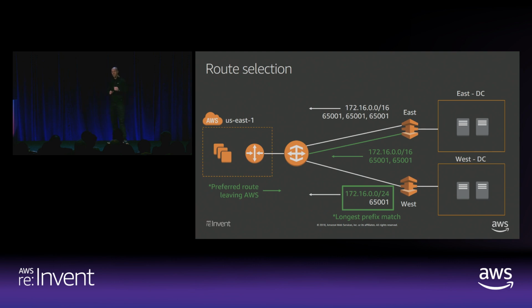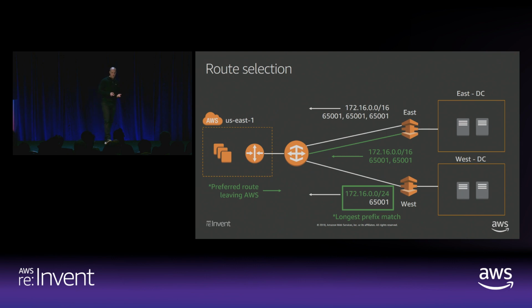This is because the more specific route is selected first, and the shorter AS path is selected for the less specific route, 172.16/16. Routes that fall within the /24 will be routed to the West Coast, and routes that fall outside of that /24 will be routed and remain on the East Coast.